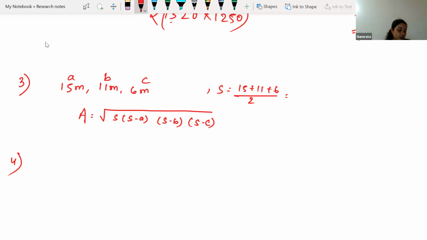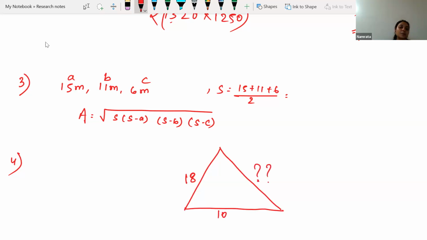Number 4, find the area of a triangle, two sides of which are given, and the perimeter. So we have a triangle whose one side is given as 18, another side is given as 10, and the third side is not given, but the perimeter is given as 42 centimeter.